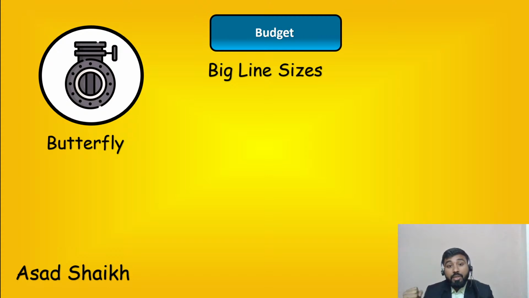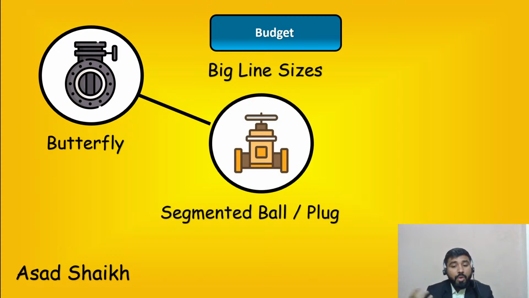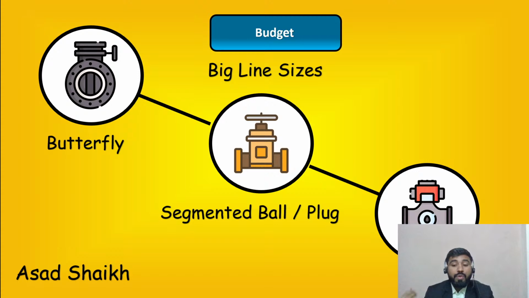So if your line size is very large, first see whether you can make a butterfly valve fit your application. If not, look for a segmented ball or plug valve design. If nothing works out, then maybe look at a globe valve design, or consult a specialist if the line size is too big, because maintaining a globe valve at such high line sizes and with such a huge pressure drop is tricky.